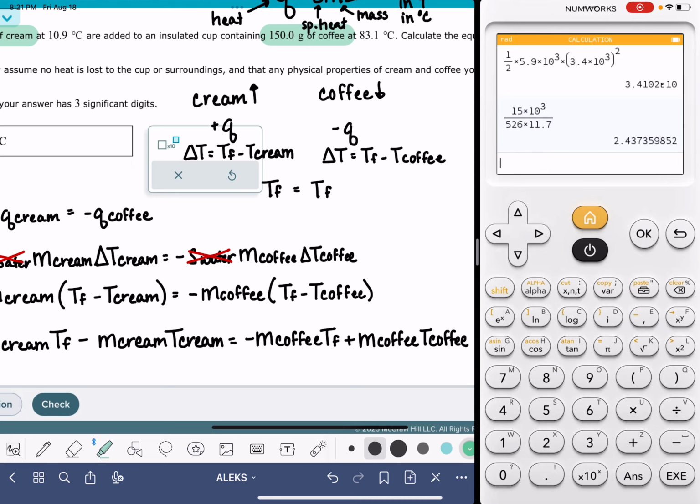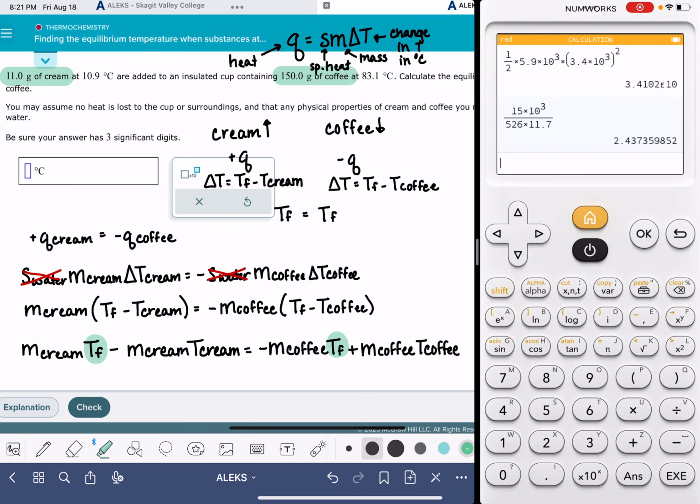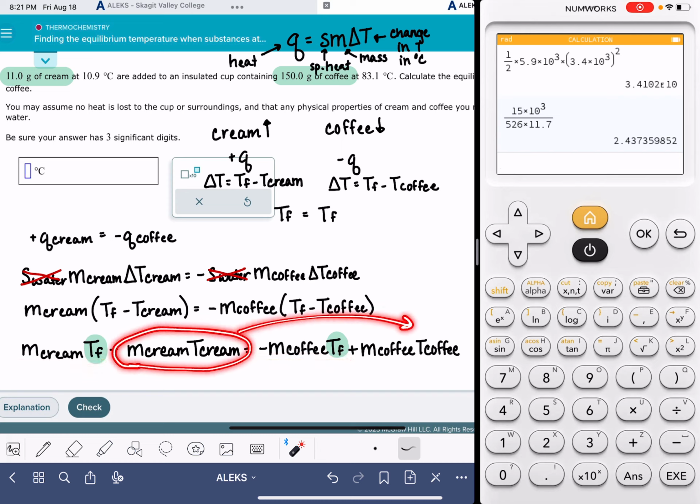Now, again, I'm going to highlight this. This TF variable is the variable that we're trying to solve for. So that variable we actually want to isolate, and we're going to do a little bit more algebra. We're going to move this whole entire term over to the left-hand side of the equation so that the two terms with TF are together. And I'm also going to move this to the right side of the equation to get it away from that TF.